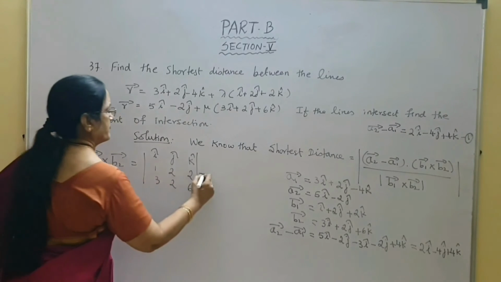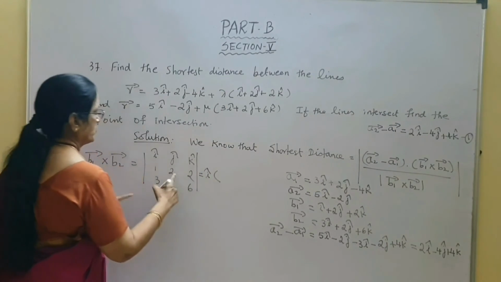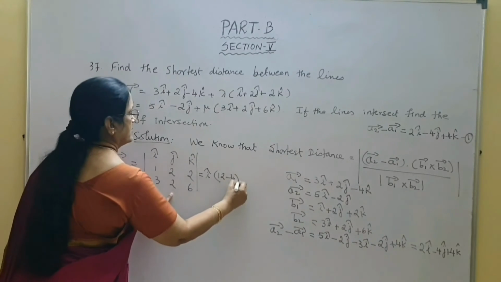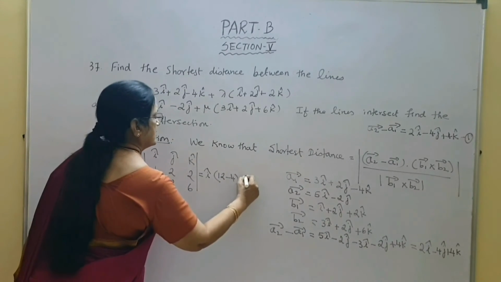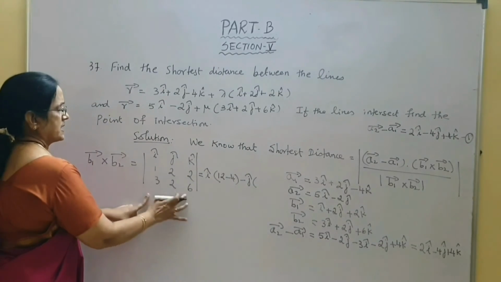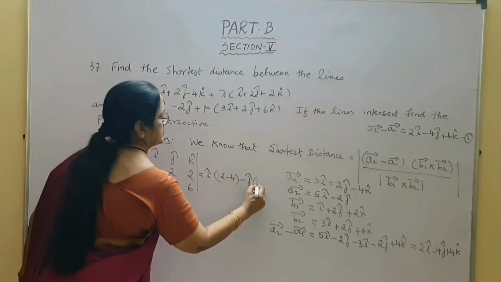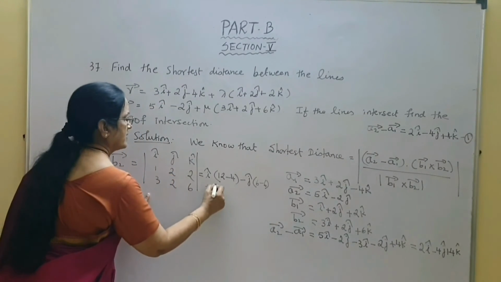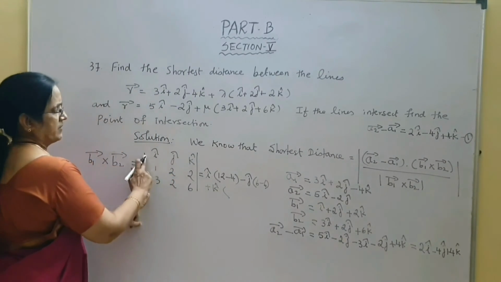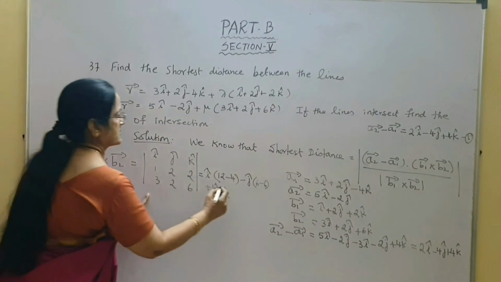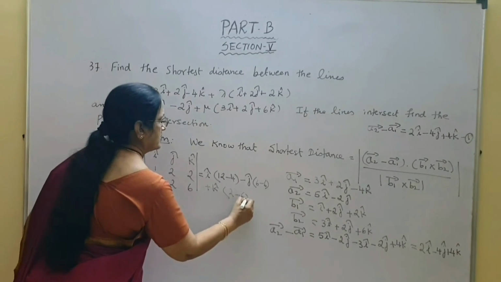I will be getting i cap into 12 minus 4, minus j cap into, leaving the first row and second column, 6 minus 6, plus k cap into, leaving the first row and third column, I will be having 2 minus 6.